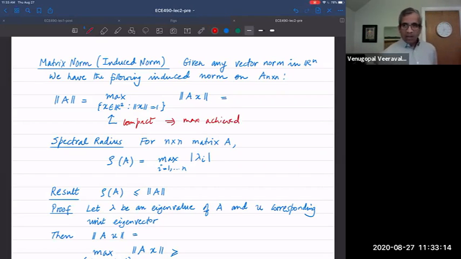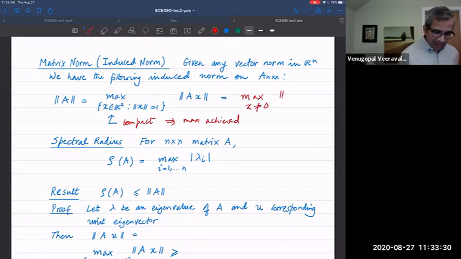I can also write this max in the following way, and sometimes it's more convenient to think about it this way. I can take the max not over normalized x's, but over any x that's non-zero, and take the norm of Ax and divide it by the norm of x.